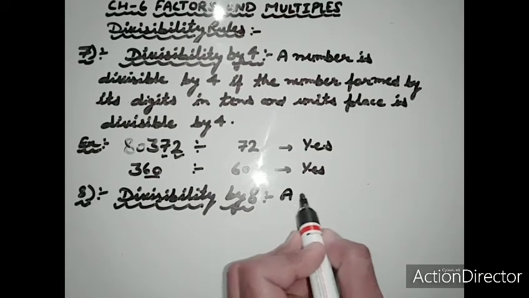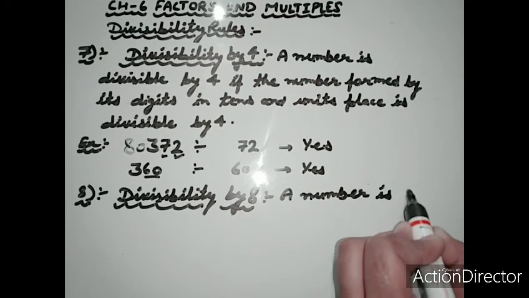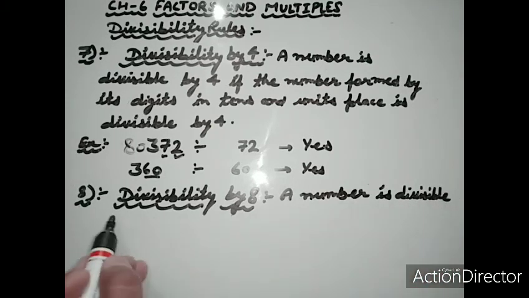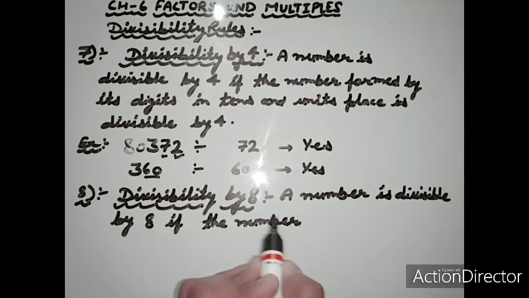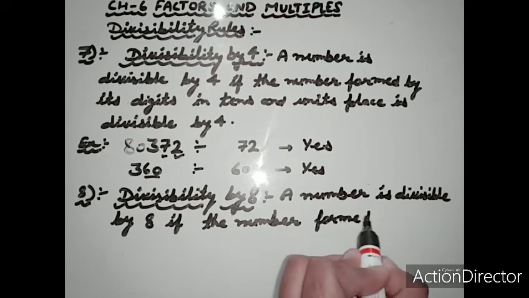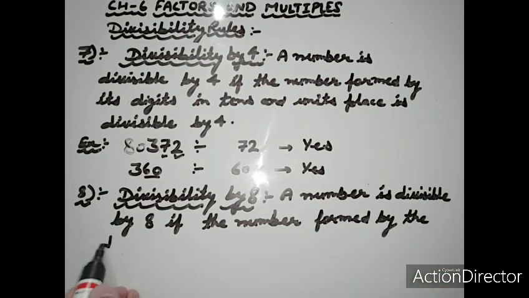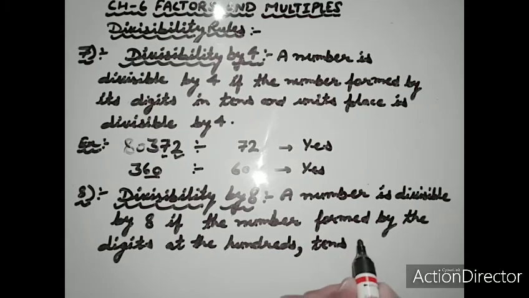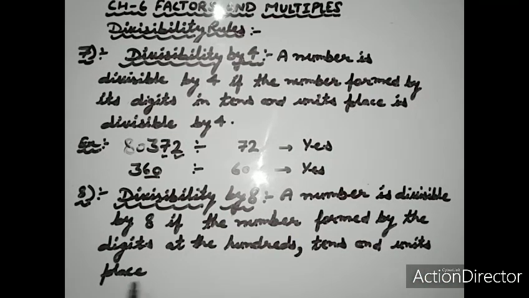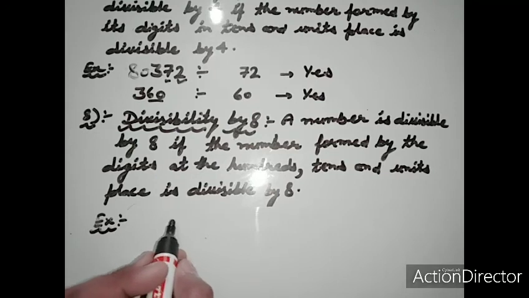So here we write a number is divisible by 8 if the number formed by the digits at the hundreds, tens and units place is divisible by 8, right?